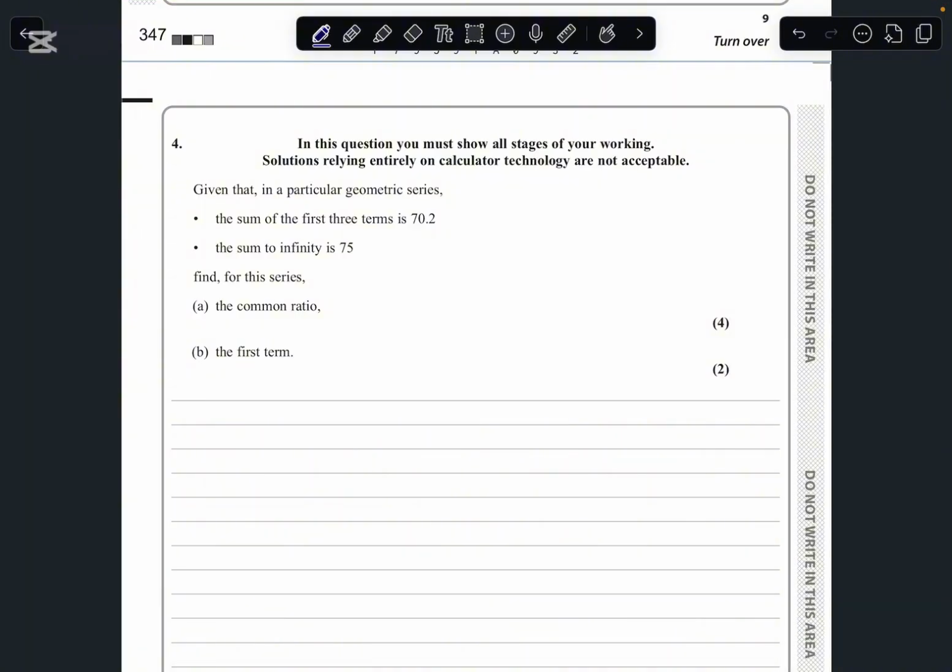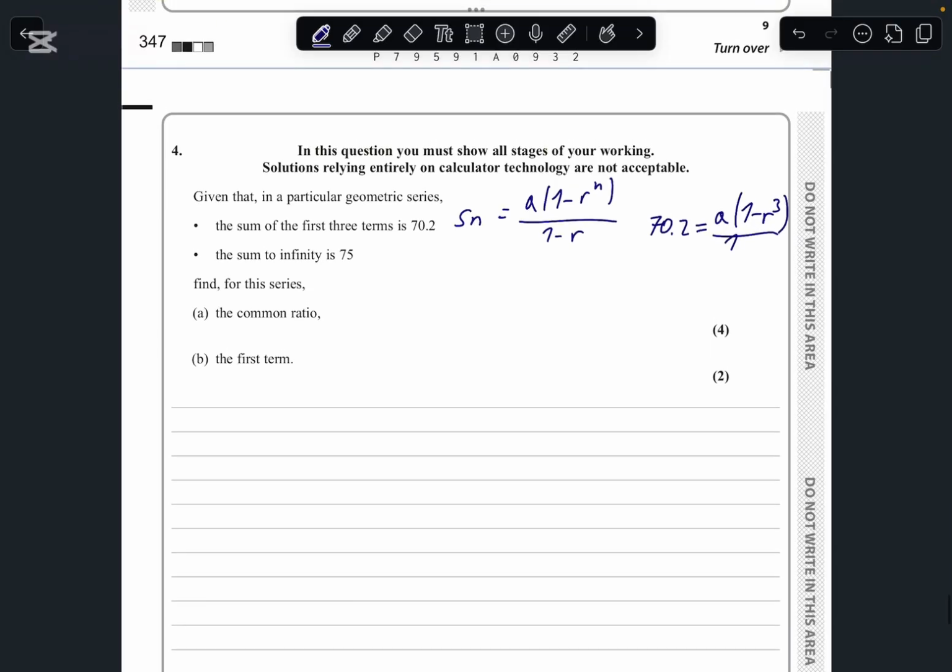The sum of the first three terms in a geometric series is given by Sn equal to a times 1 minus r to the power of n over 1 minus r. If we substitute that, the sum we found to be 70.2 is equal to a times 1 minus r cubed, n in this case is 3, over 1 minus r.